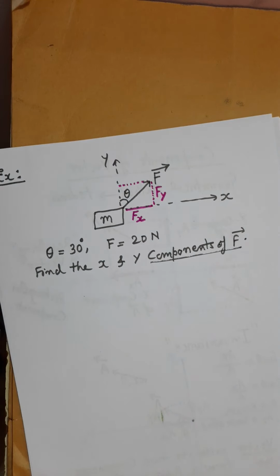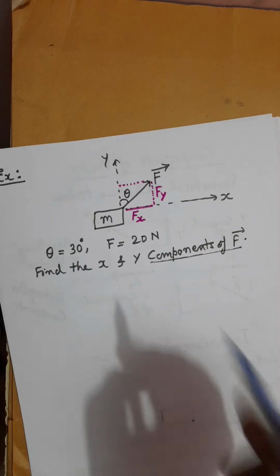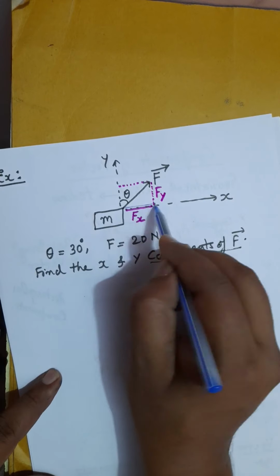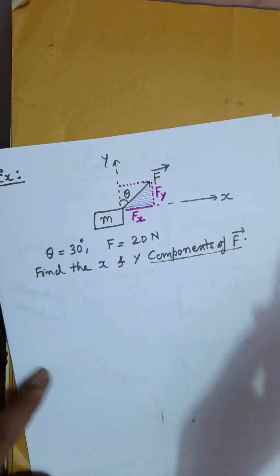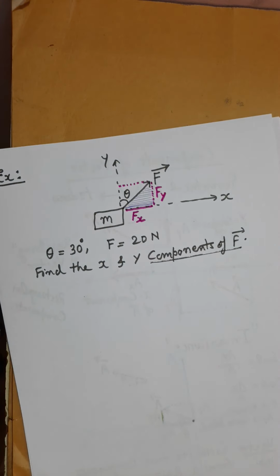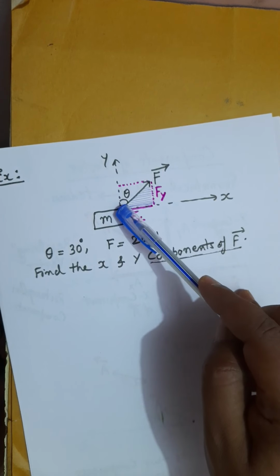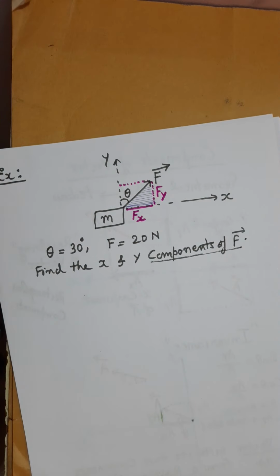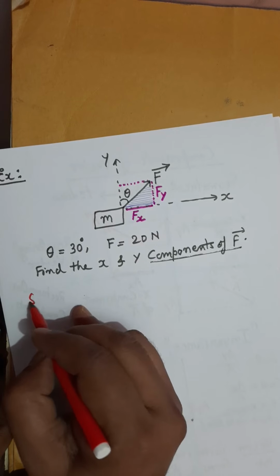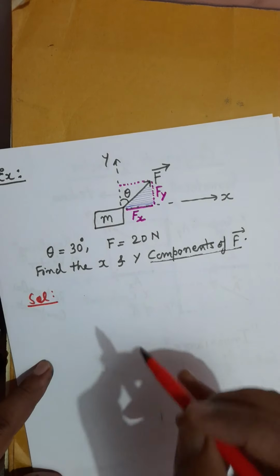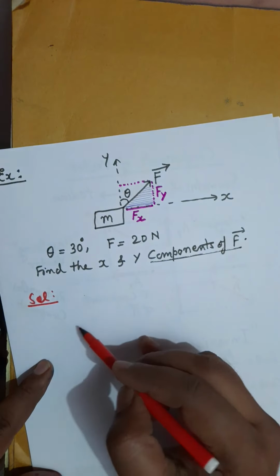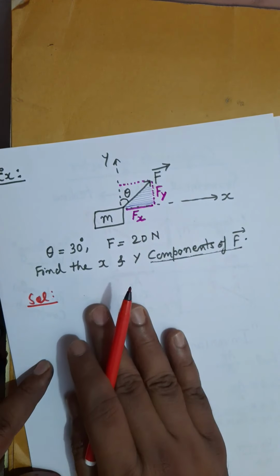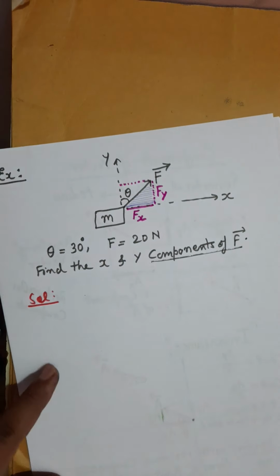Now I will focus on this specific triangle, because it is a right angle triangle. And remember, this capital F vector is actually the hypotenuse. So if I go for the solution now, let me draw this triangle at this place, and I will use the same colors.